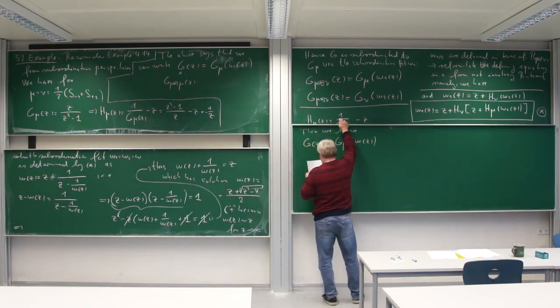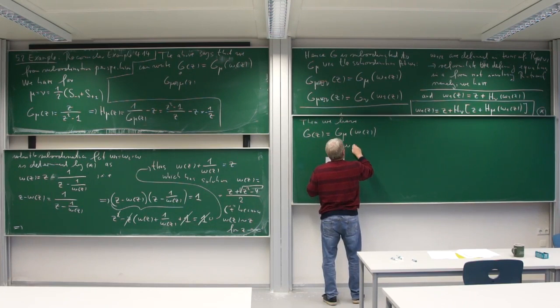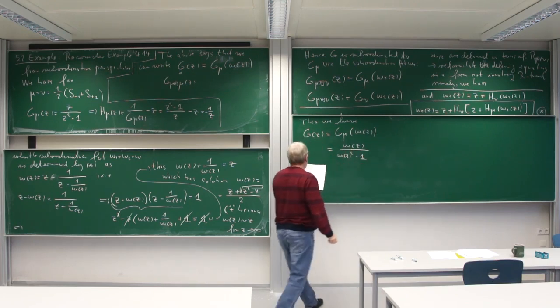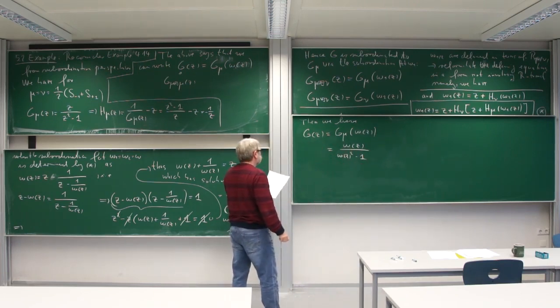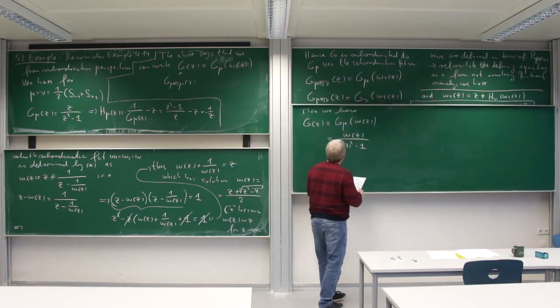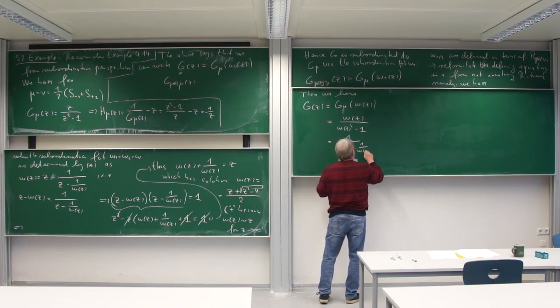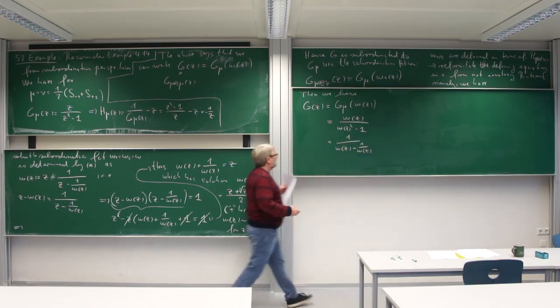So this means we have here of course the argument divided by the argument squared minus 1. Good. And of course I can divide by omega of Z. So this is 1 divided by omega of Z minus 1 over omega of Z.